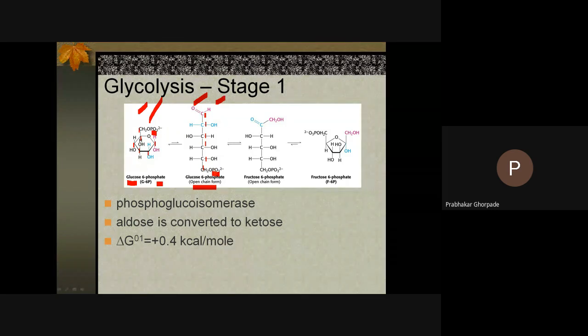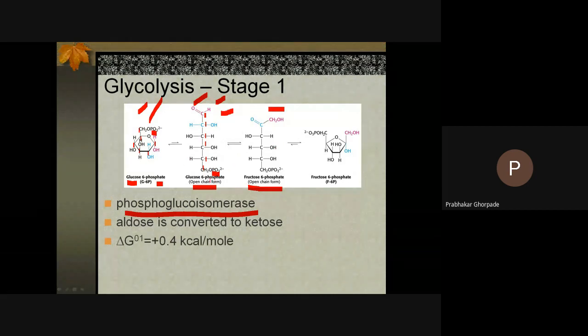So during this reaction, glucose 6-phosphate gets converted into fructose 6-phosphate, and the enzyme involved in this reaction is phosphoglucoisomerase. If you see, the number of carbon atoms is the same in this structure and this structure.